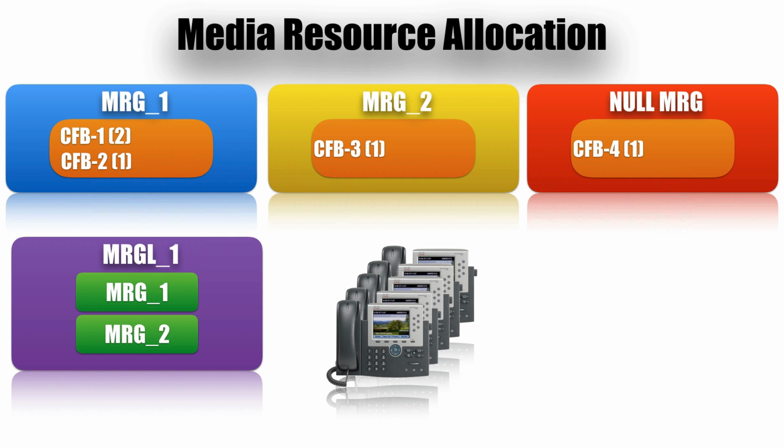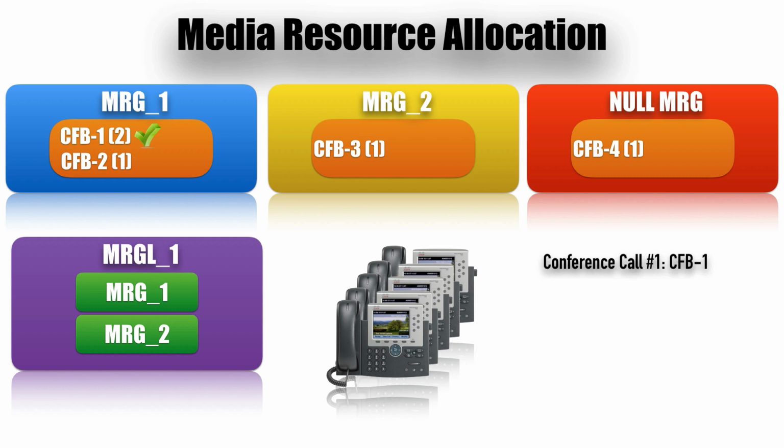So let's go through a few examples to illustrate this. Let's say this is my first conference call that we're setting up, conference call number 1. We're going to start at the top of MRG_1, and allocate one of the 2 available conference calls on CFB1. Why did we use MRG_1 instead of MRG_2?